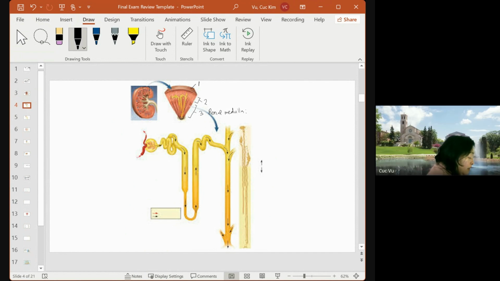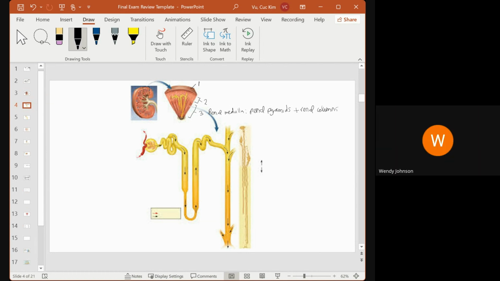Tubules? It will contain those. But I was looking more for the renal pyramids. So the renal pyramids are found in the renal medulla as well as the renal columns.